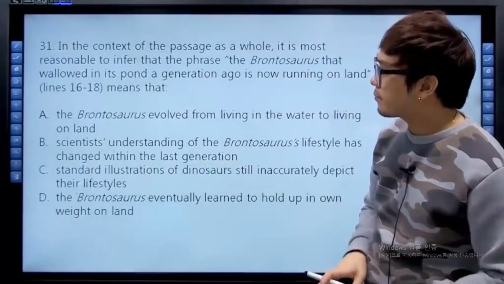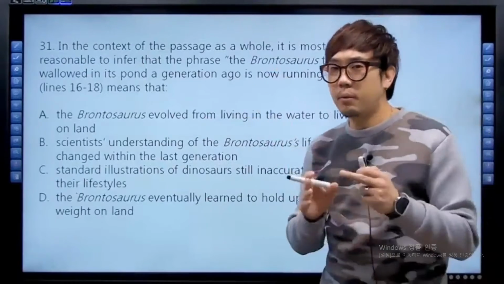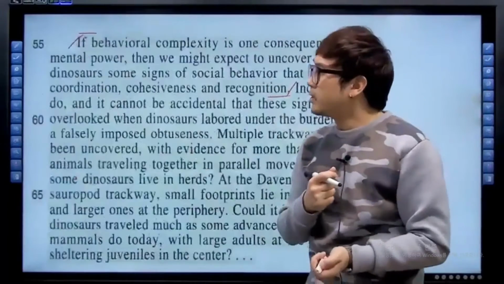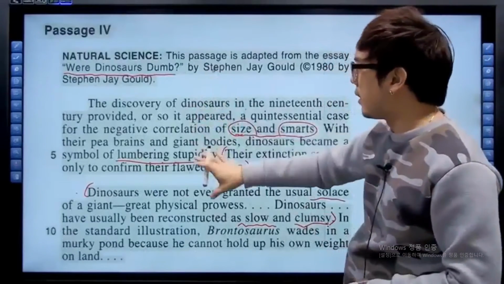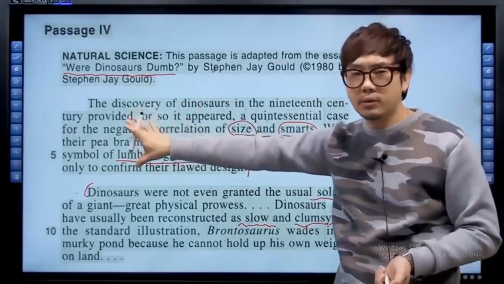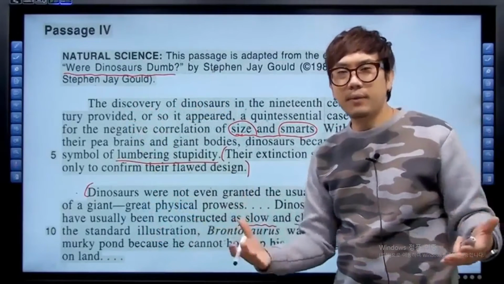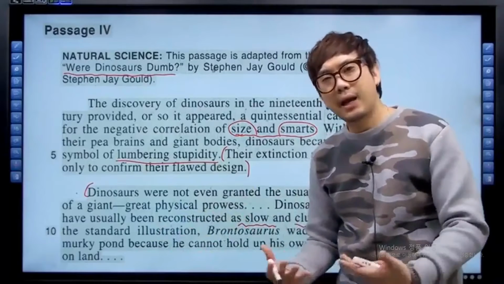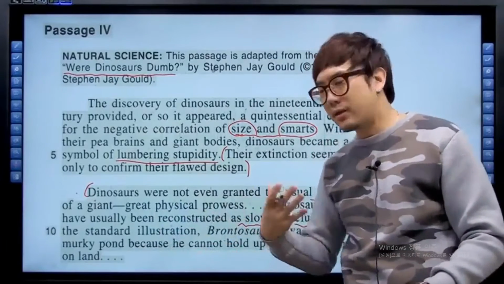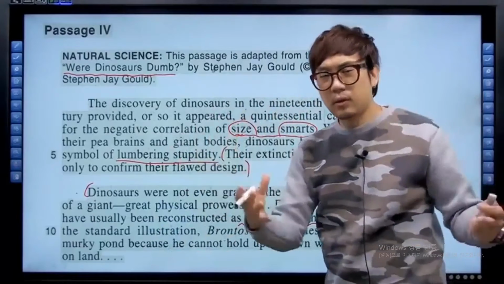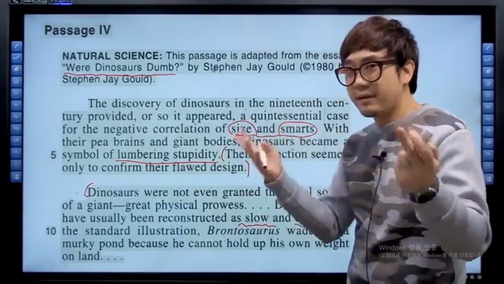Okay. We'll move on to the question, but before we do, let's take a look at the whole passage again, right? So the whole passage gives you the idea that yes, the dinosaurs were supposedly stupid and their bodies didn't really give them physical prowess, but it kind of gave them the clumsy, slow, dumb-looking physical manifestation.